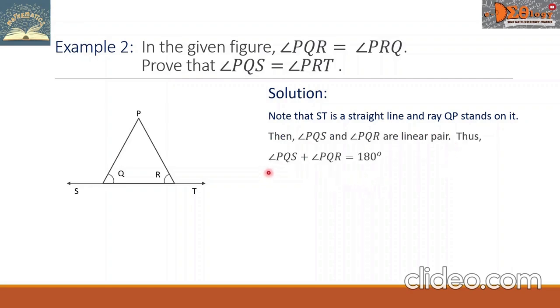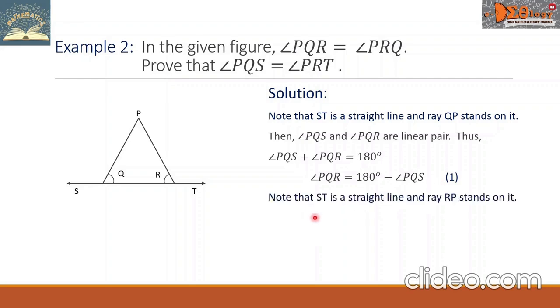So we can write angle PQS plus angle PQR equals 180 degrees. We can transpose this angle PQS to the right. So the angle PQR will be isolated on the left. And this is equal to 180 degrees minus angle PQS. Let this be equation 1.